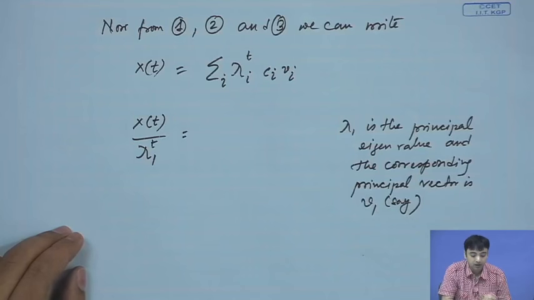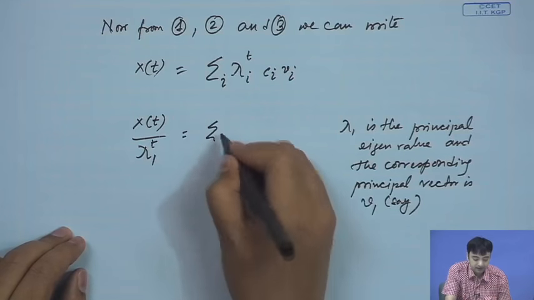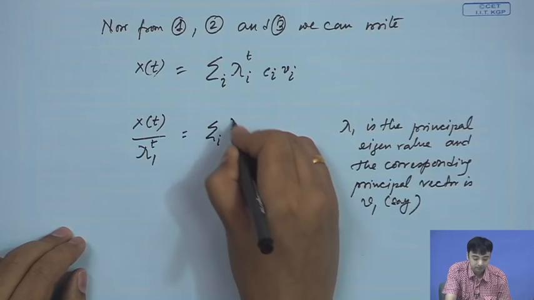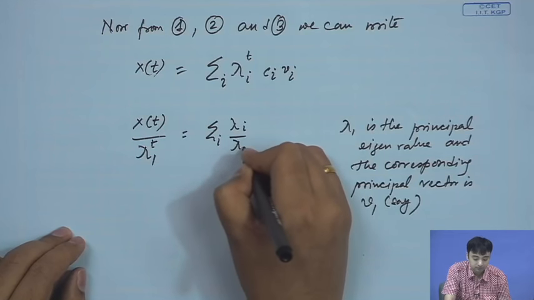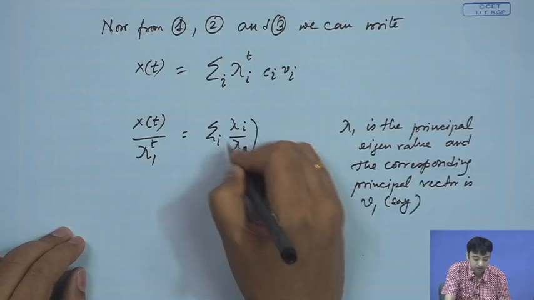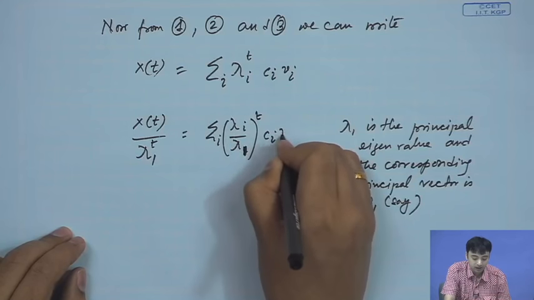Then you can write this as nothing but the sum of lambda i over lambda 1 power t c i v i.